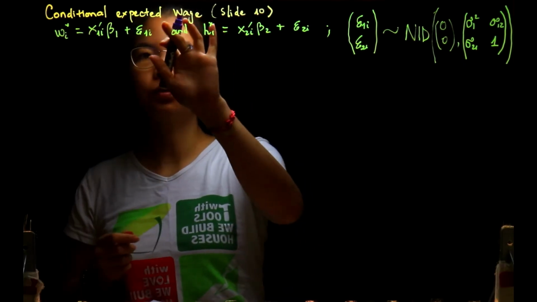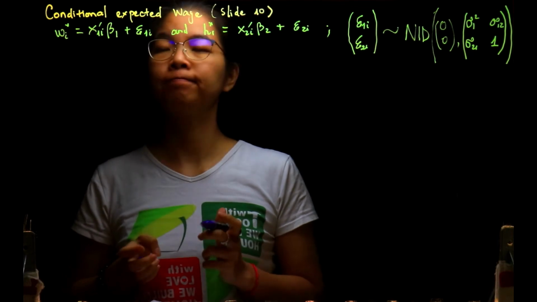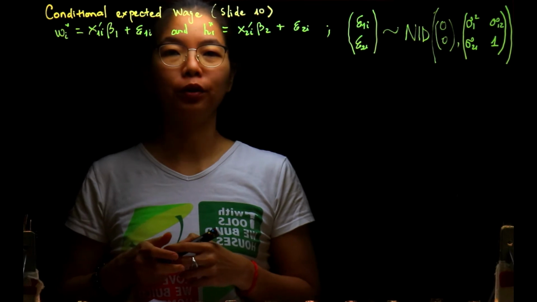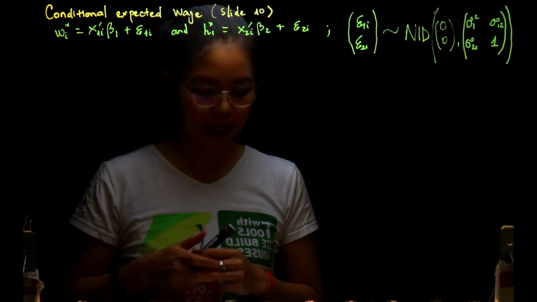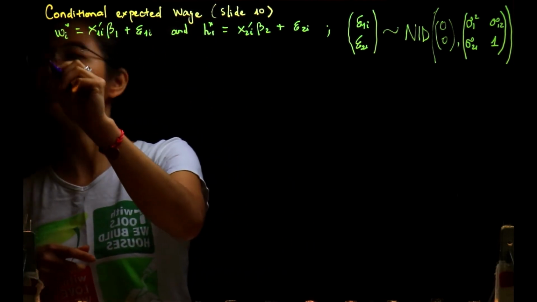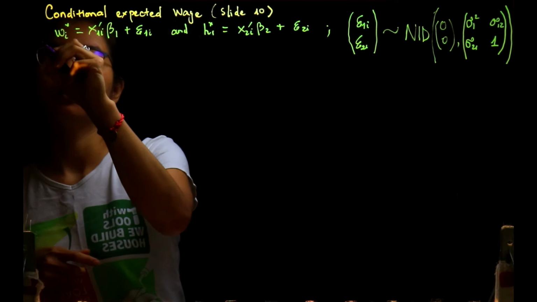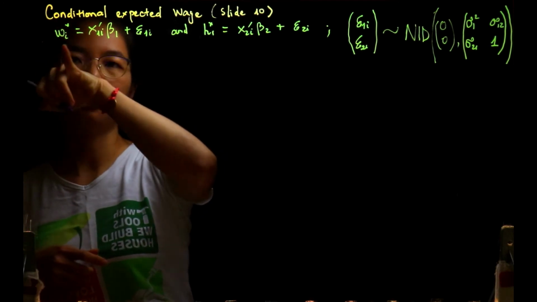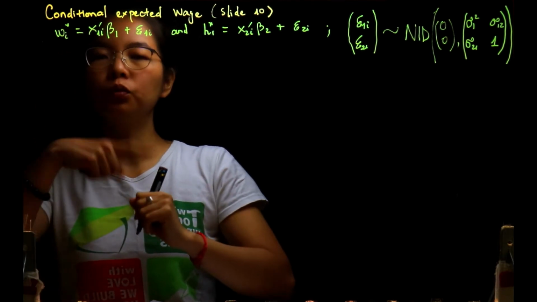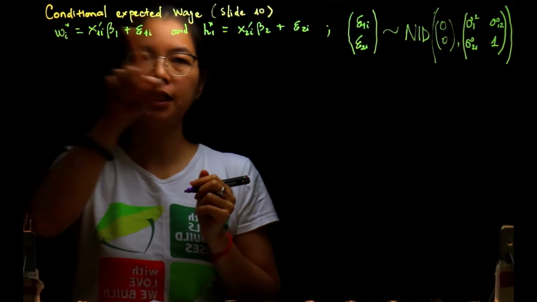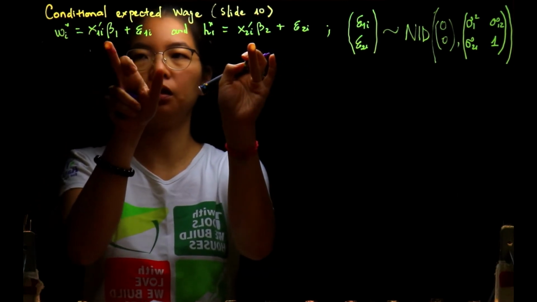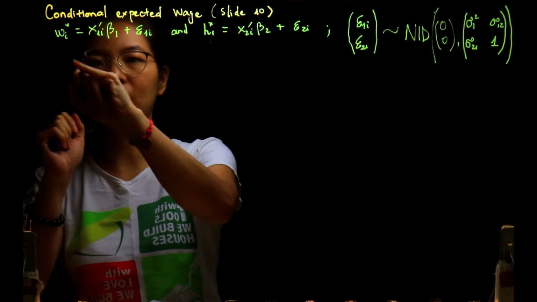Okay, so let's do some derivation. I know you don't like it, but I don't know how else we could understand it. It's on slide 10, so let's go through it. The first thing we know is that the two different decisions in this case, the wage and the decision to work, are governed by two different processes with different sets of explanatory variables.